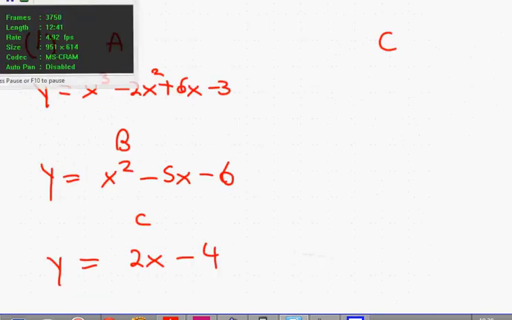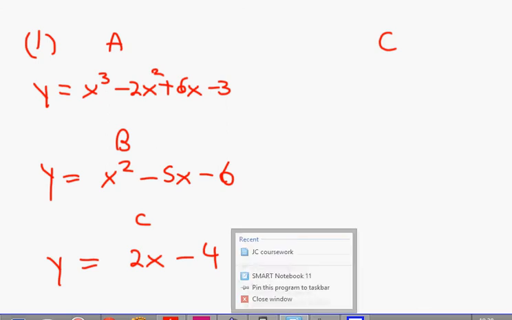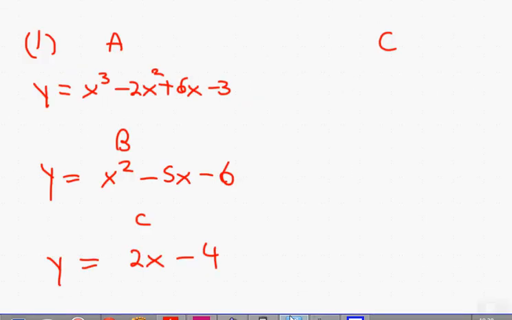Okay, good. The following is we have three equations here, okay? And what you might be asked to do sometimes is to predict the shape of the graph. So for example, the first one was y equals, you gotta keep an eye on the power of x. So it's x cubed, what's the next part? Minus 2x squared plus 6x.